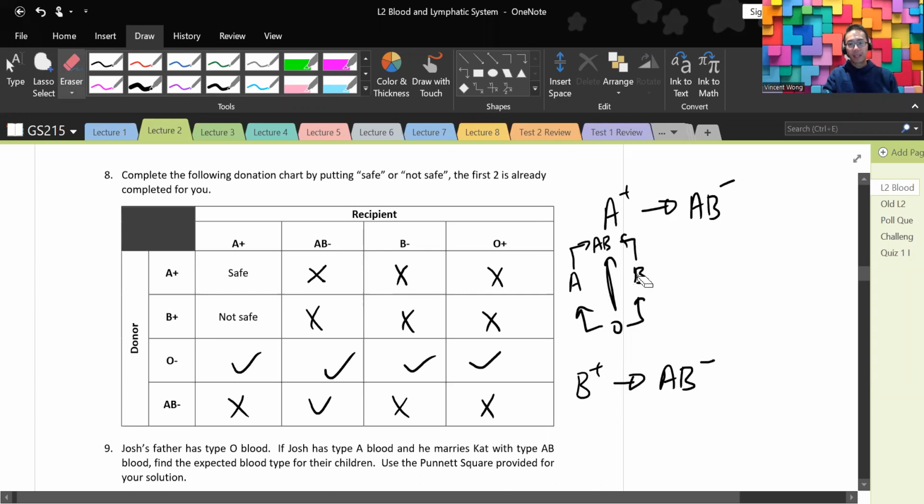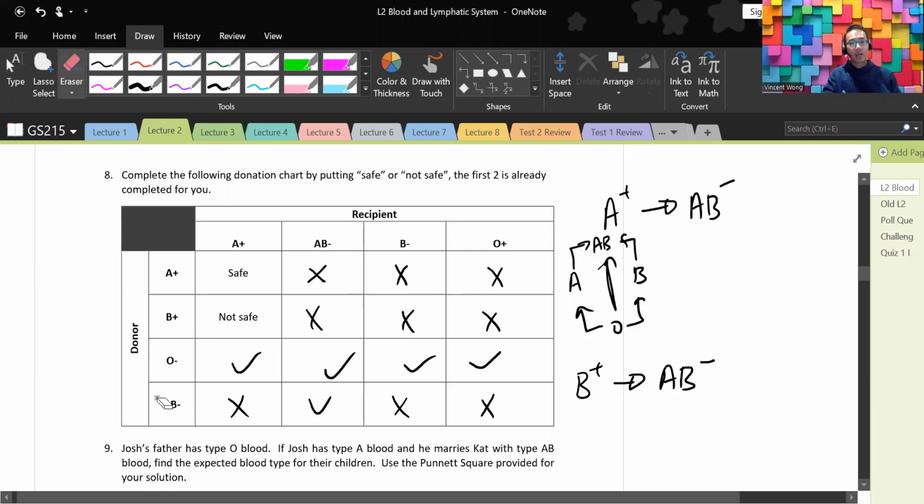That's what the arrow tells you. The arrow tells you who you can give to. So B to AB is okay. However, positive cannot be given to negative. It will cause them to start making antibodies. So for that reason, B positive to AB negative is not safe.